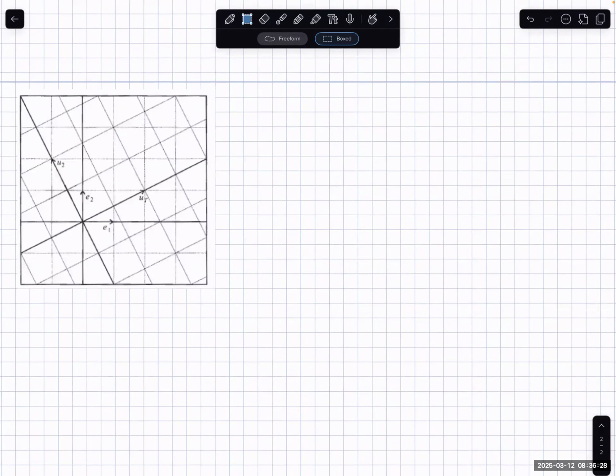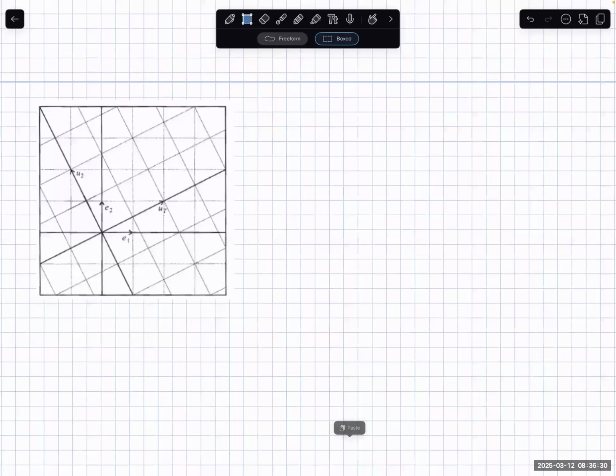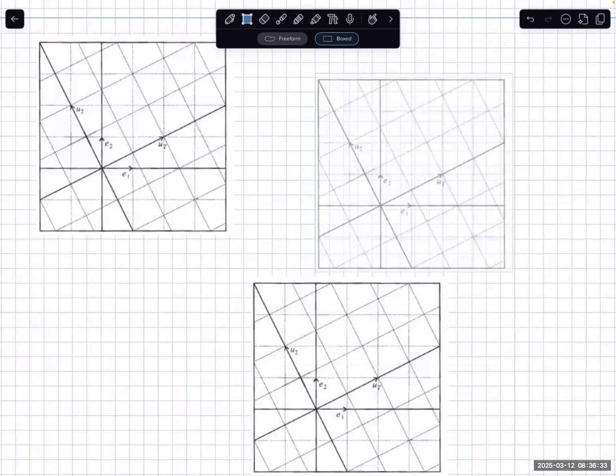Okay, we've got two different coordinate systems superimposed on each other.